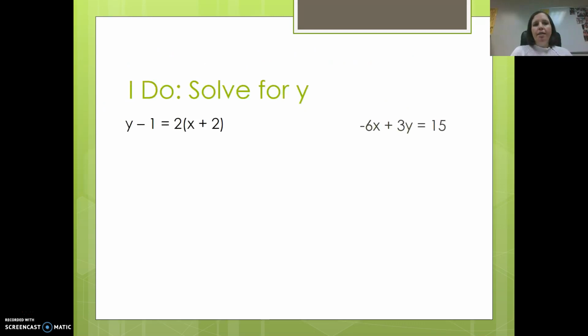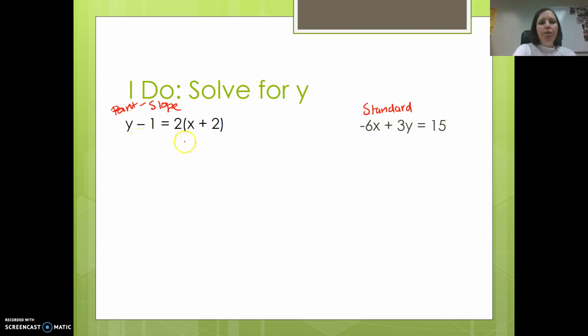So for instance, here's our I do, 2 equations where you are given point slope form on the left, and you're given standard form on the right. The idea is if you take either equation and you solve it for y, which is a skill we did in the very first algebra unit this school year, if you solve for y, get y alone, you now have your equation in slope-intercept form.